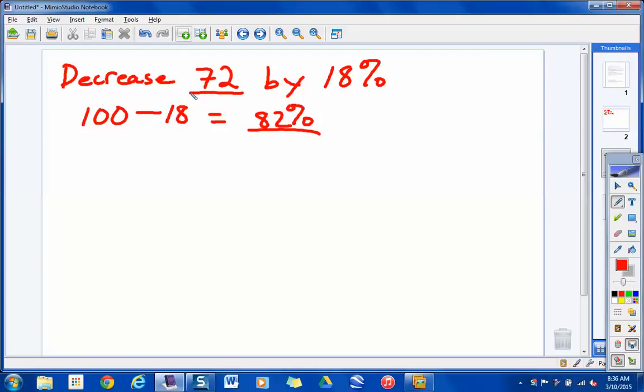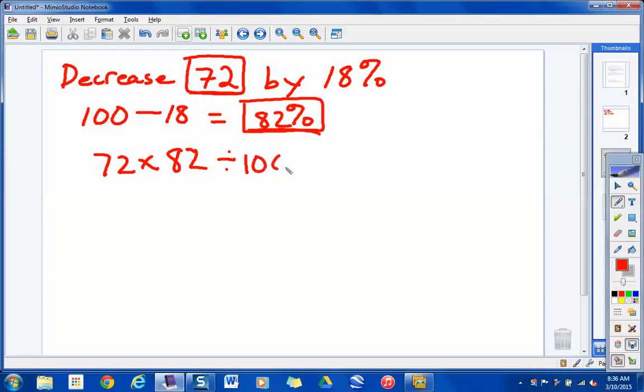So here's the deal. I said, take your original value, which was what, guys? 72. Times that by this new percent that we're using, after we decreased 100 by 18. Times that by what? 82. And then divide this by what value? 100.